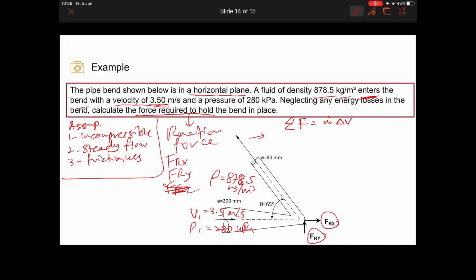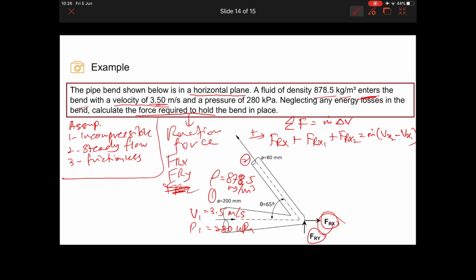We start with the x direction, and then we have Frx, the reaction force, plus Fpx1, plus Fpx2, equal to m dot (Vx2 minus Vx1), meaning the velocity at point 1 and the velocity at point 2. So I write point 1, point 2.